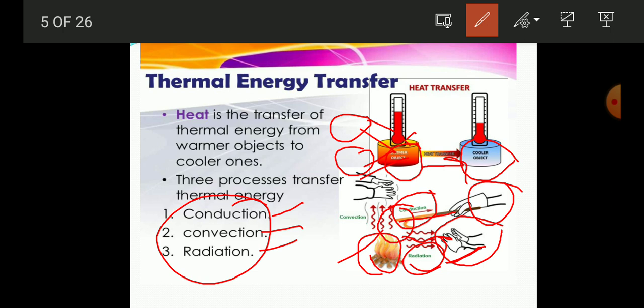The atoms are involved in this type of transfer. The atoms of this rod get heated and transfer heat energy from one atom to another atom, and in that way the heat energy is transferred from one end to the last end. This transfer is known as conduction.